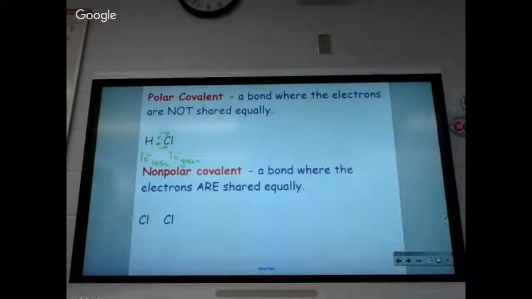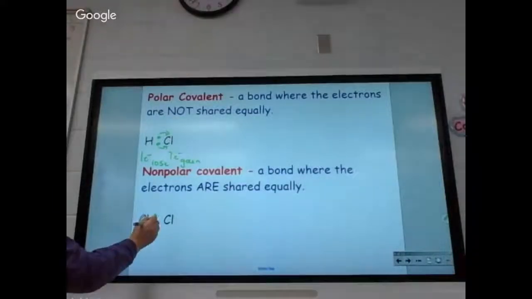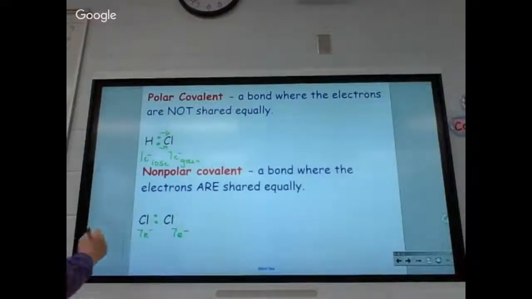So if we had a tug of war game going on, would those electrons be pulled on equally between the H and the Cl? No. Now, non-polar means the electrons are what? Shared equally. So chlorine has 7 electrons, and this chlorine has 7 electrons.